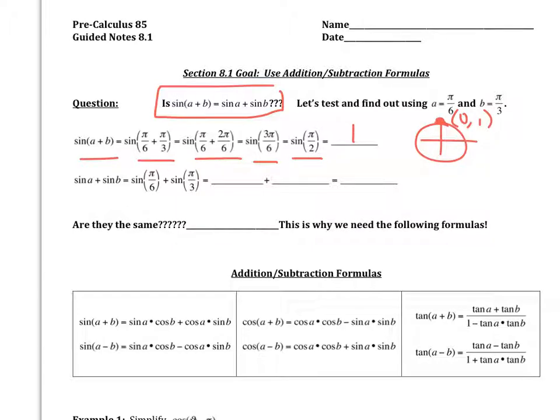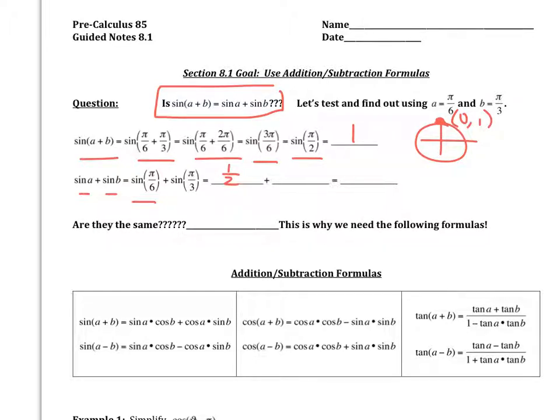Now, sine of A plus sine of B, if we do it without parentheses, almost like the sine got distributed. What is sine of pi over 6? If you don't have your pi over 6 on there, remember it's sine of 30 degrees. 1/2. Love it.